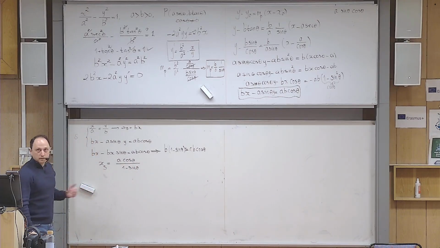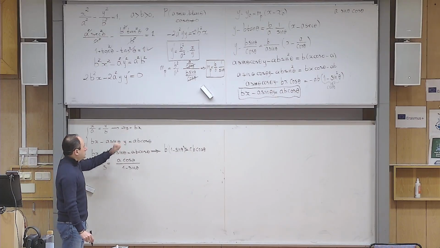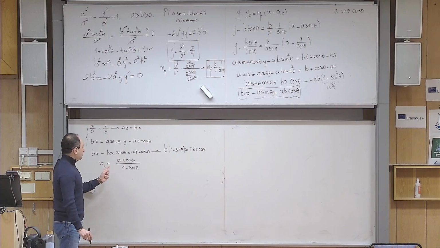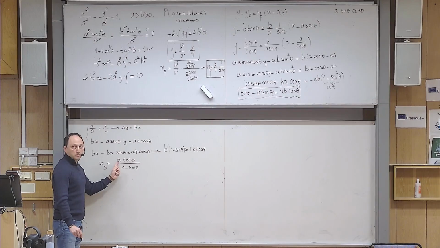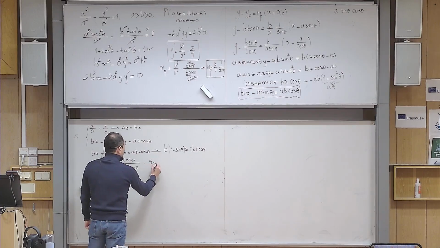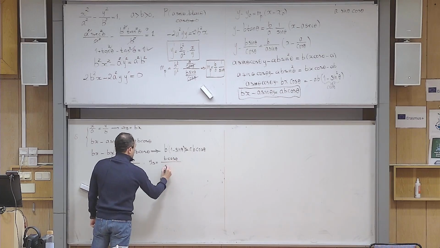Okay? This is what we get for x sub S. But then if I want to find y sub S, I have to multiply x sub S by b and divide it by a. So when I divide by a, this a is cancelled. When I multiply by b, instead of a, I will have b. So this means that y sub S is equal to b cosine theta divided by 1 minus sine theta.